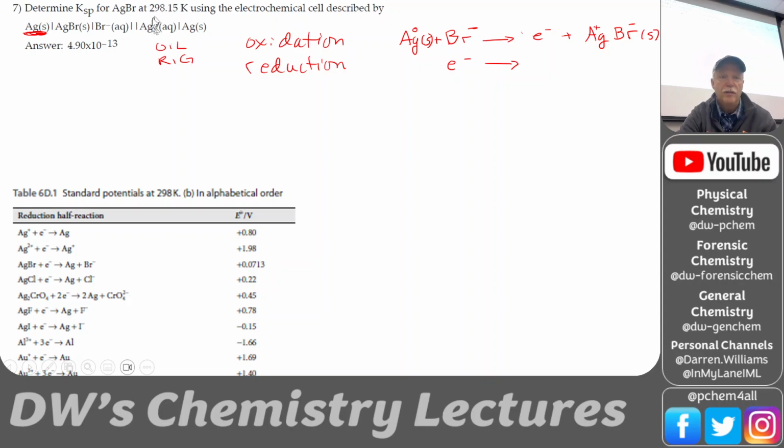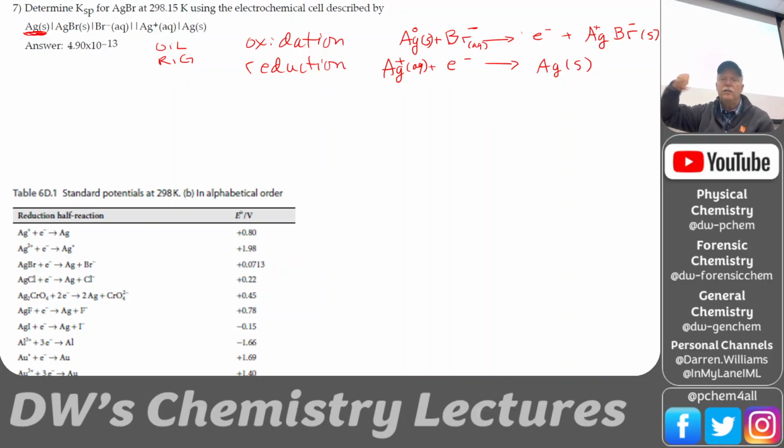Over here we have a silver cation and silver, so we can write the silver cation with this electron because it gains an electron. Let's go ahead and put aqueous on our little bromide. And then this is gaining an electron, so it becomes silver solid.